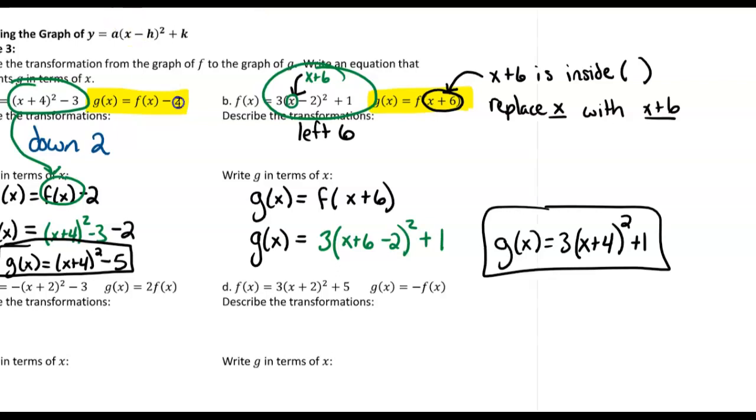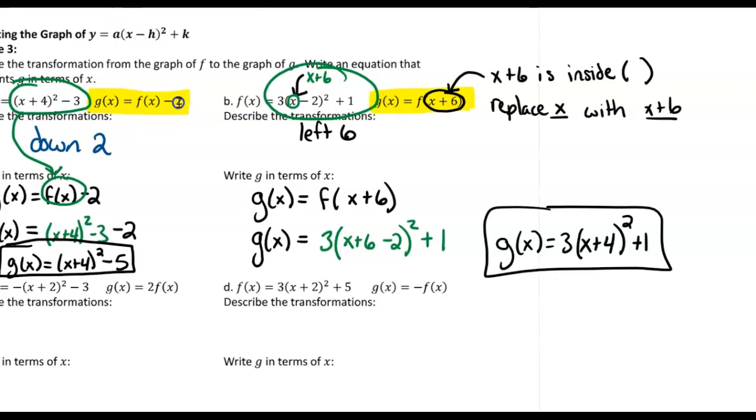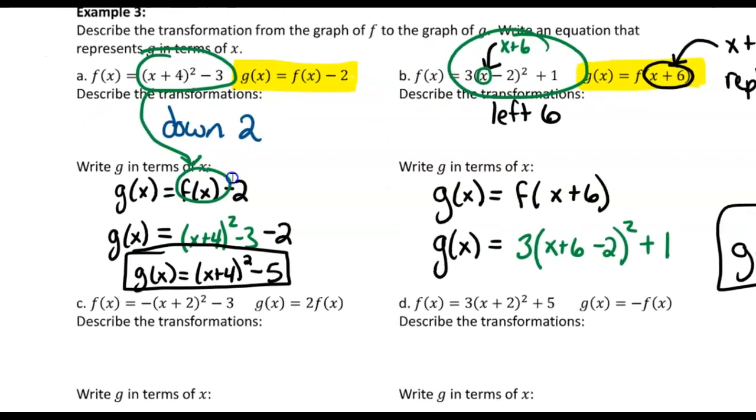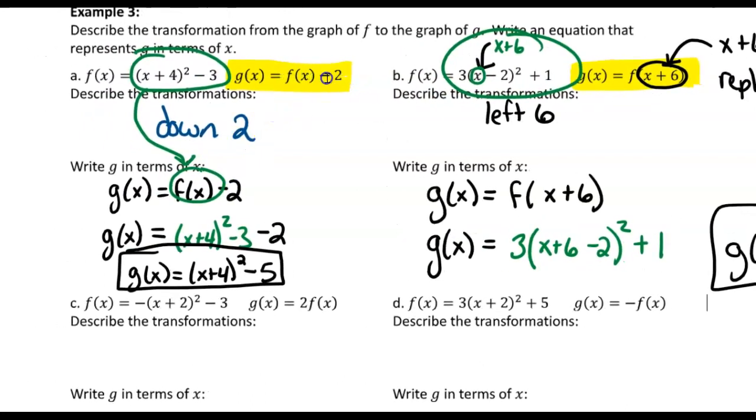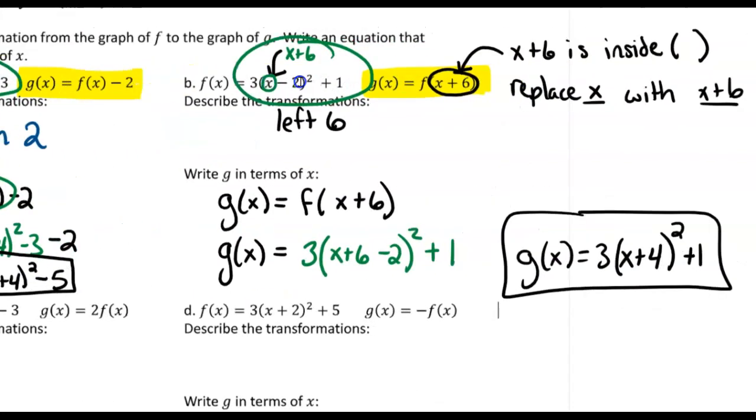So the difference here is being in the parentheses versus not in the parentheses. So back here on A, the f of x, the minus 2 was not in the parentheses. So where f of x was, we literally just put the f of x equation and then the minus 2 and simplified. I think the vertical translations are easier.